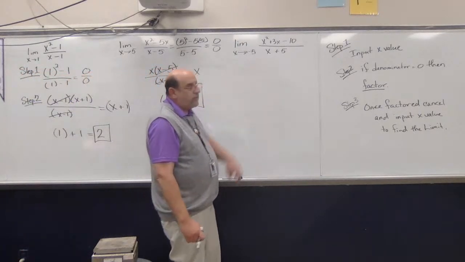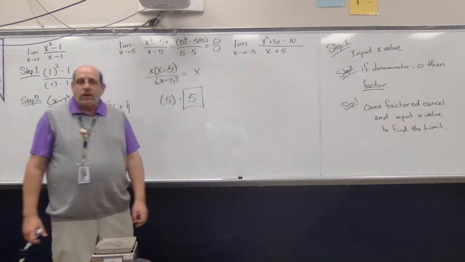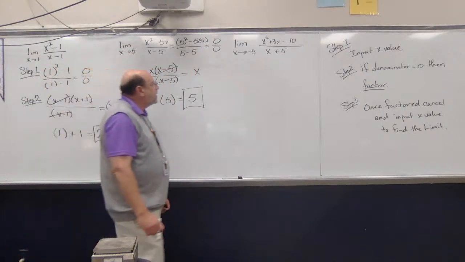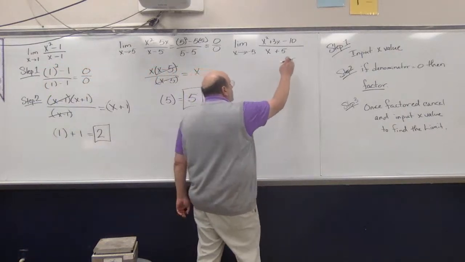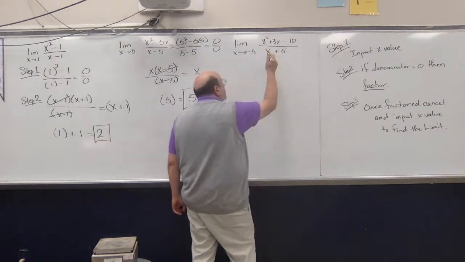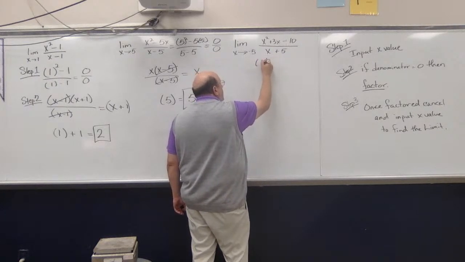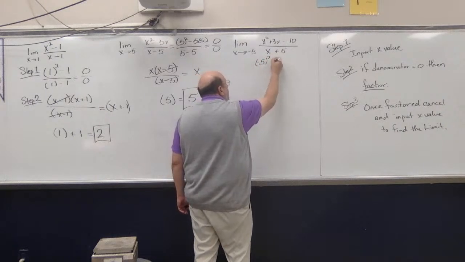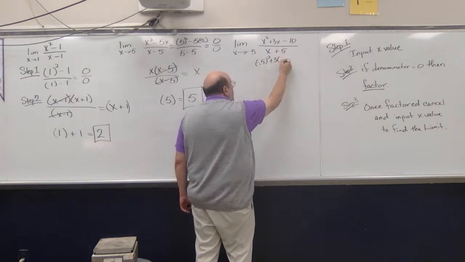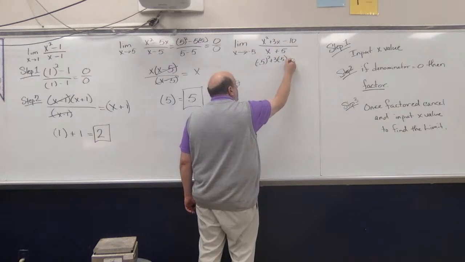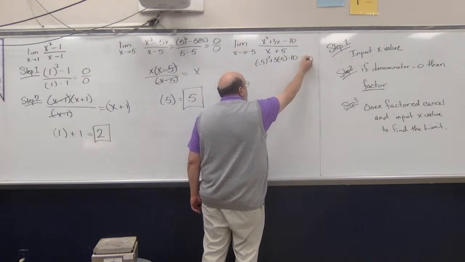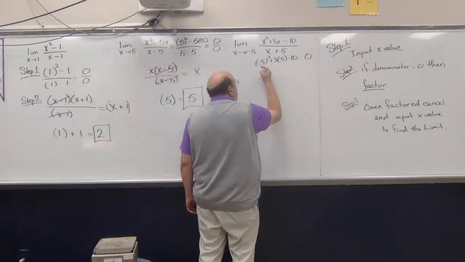Last but certainly not least, same idea. We're going to keep doing the exact same thing. I'm going to have to do this underneath because I don't have quite enough room, but I'm going to go ahead and input the negative 5: negative 5 squared plus 3 times negative 5 minus 10, and that equals 0, right?